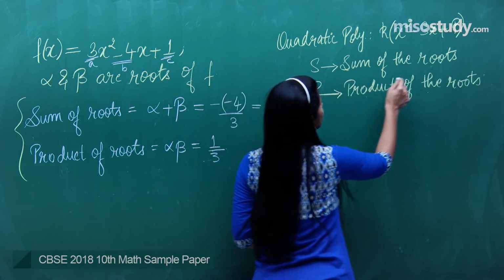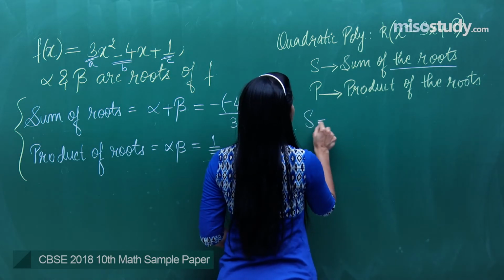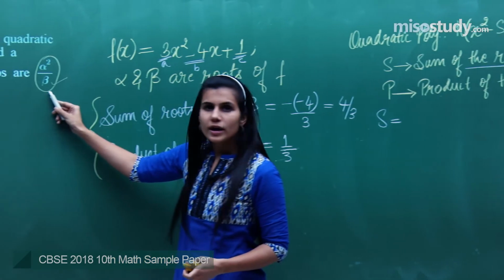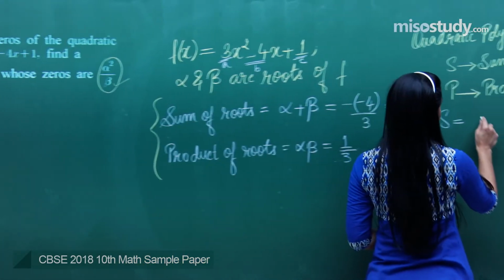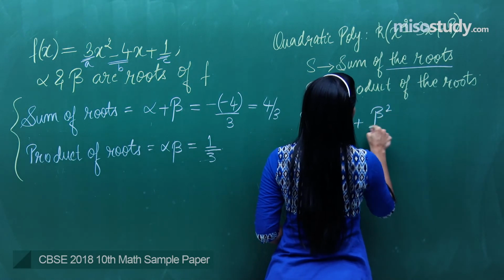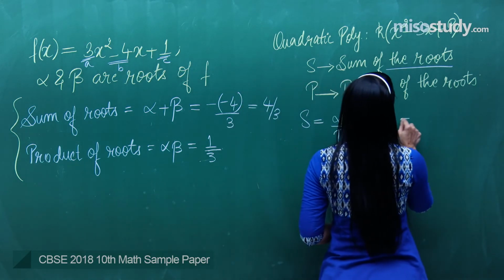If s represents the sum of the roots of the unknown polynomial, s is equal to the sum of its roots, which is alpha square by beta plus beta square by alpha. So the sum is alpha square by beta plus beta square by alpha, which brings what?